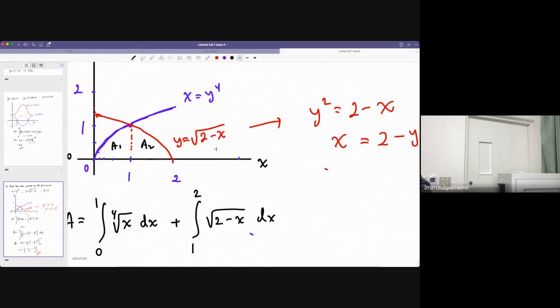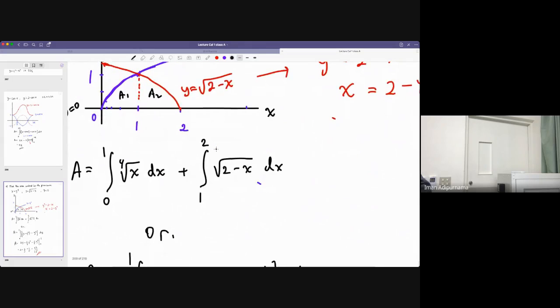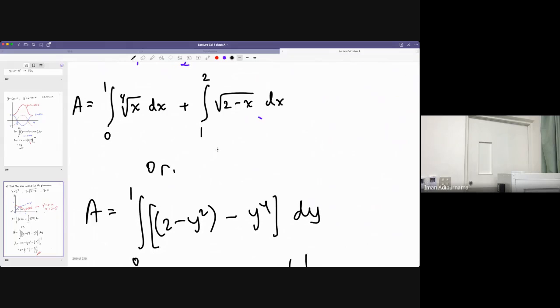So first, you can have two approaches, okay? Using dx or dy. If you are using dx, you will have a little bit of a problem with the second integration, square root of 2 minus x, right?